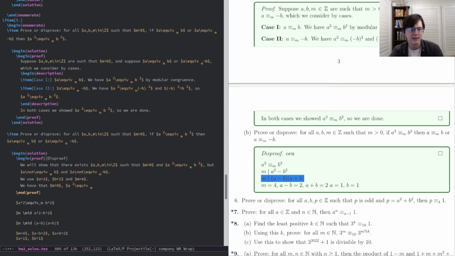Okay. So why is this bad? So I made it so a plus b was 2, right? But a minus b, I failed.